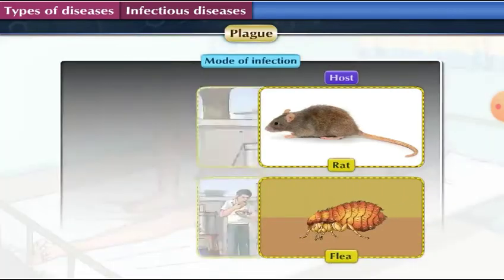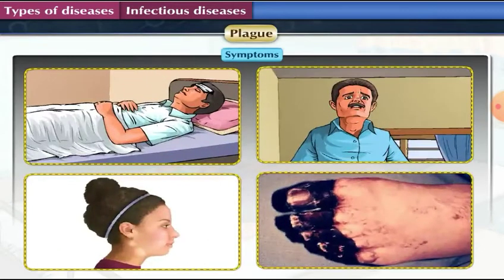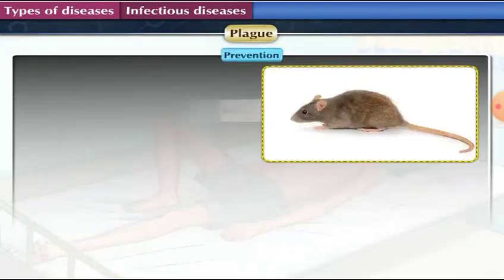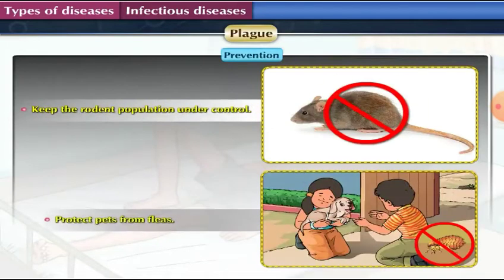It may also spread by the consumption of contaminated water or food. Some common symptoms of this disease are fever, trouble in breathing, swollen lymph glands, and skin turning black. This disease can be prevented by keeping the rodent population under control and protecting pets from fleas.